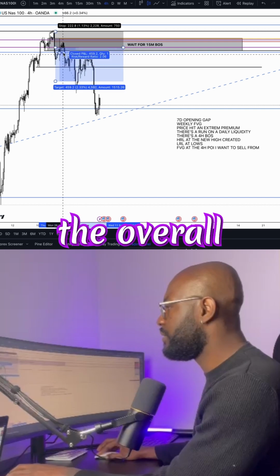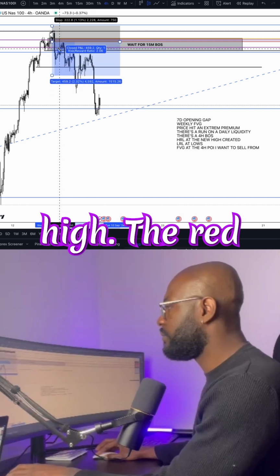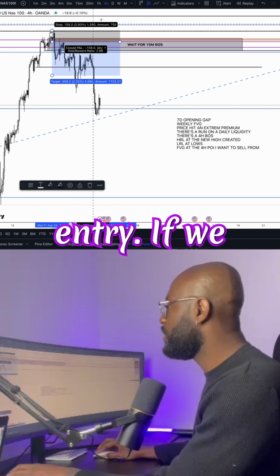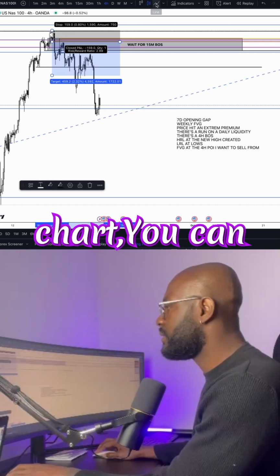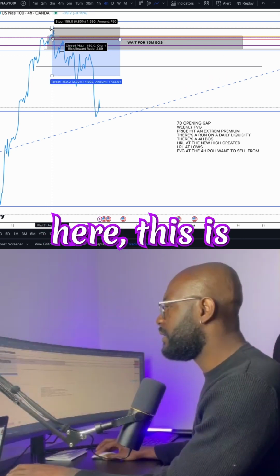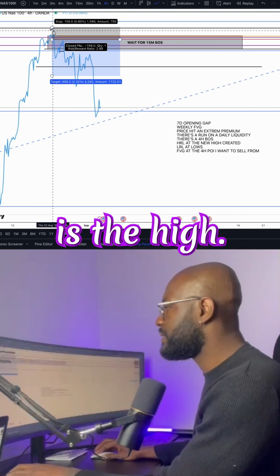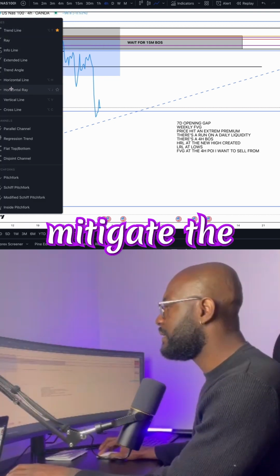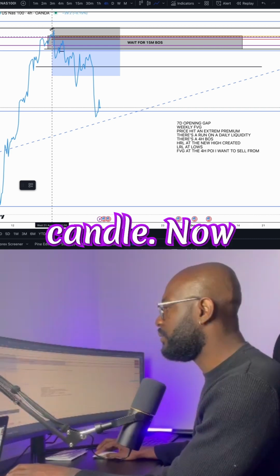My stop loss is going to be the overall high. The red line is my entry. If we use the line chart, you can see that this key level right here is the low, the bodies of the candle, this is the high. I'm anticipating price to mitigate the bodies of that candle.